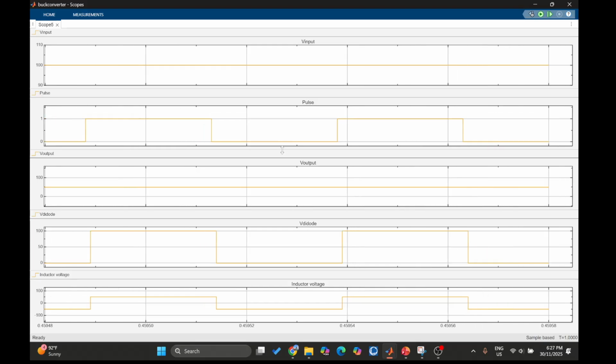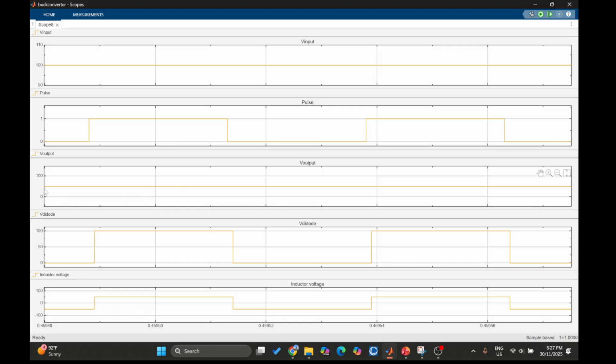Now you can see that your pulse is on for 50%, off for 50%, and the voltage is stepped down. The output voltage is stepped down to 50 here.